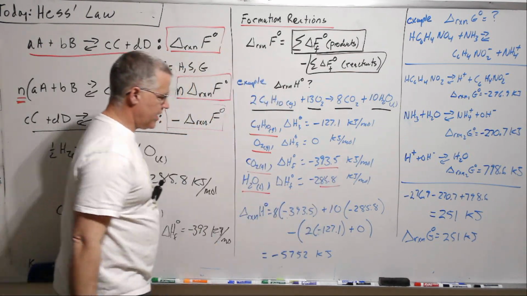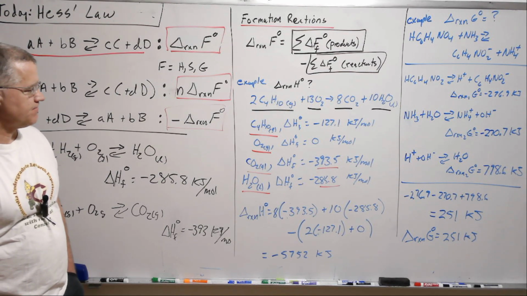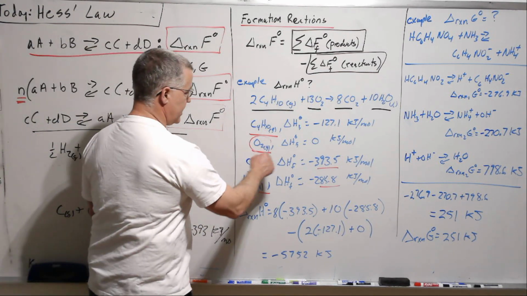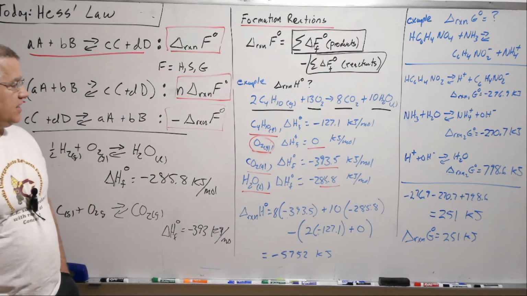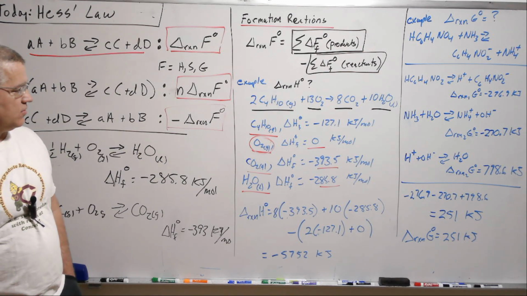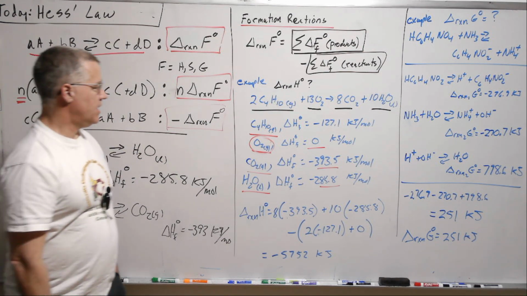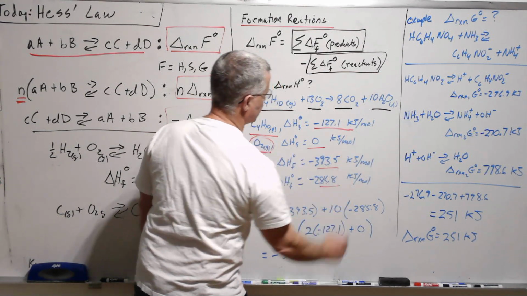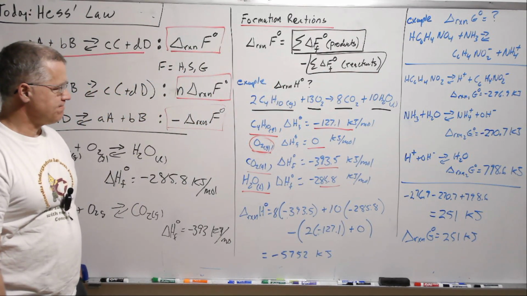These are the formation enthalpies for 1 mole of water and 1 mole of carbon dioxide. Oxygen is already in its natural state, it is its own element, so its formation value is 0. And then for butane, the formation enthalpy happens to be minus 127 kilojoules per mole.